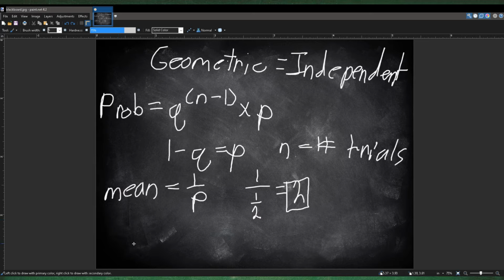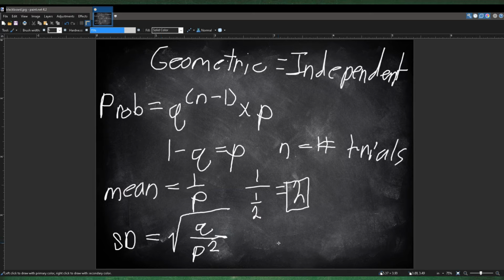And now we have the standard deviation, which I'll write as SD, which is basically equal to the square root of q divided by p squared, where p squared is in the denominator. So this is basically just how unusual it'd be.